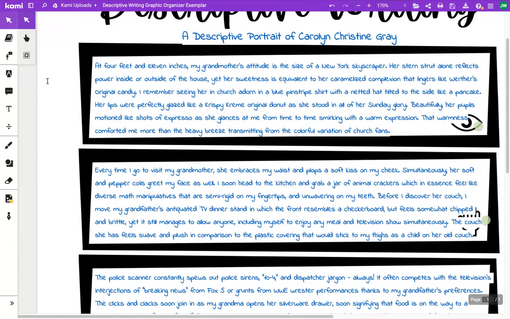All right, so at 4 feet and 11 inches, my grandmother's attitude is the size of a New York skyscraper. Her stern strut alone reflects power inside or outside of the house. Yet her sweetness is equivalent to her caramelized complexion that lingers like Werther's original candy. I remember seeing her in church adorned in a blue pinstripe shirt with a netted hat tilted to the side like a pancake.